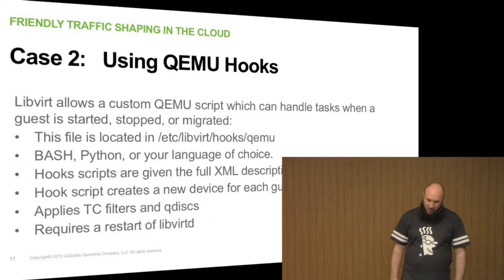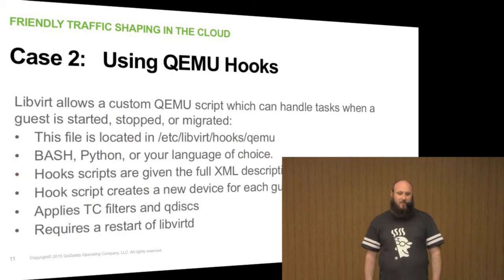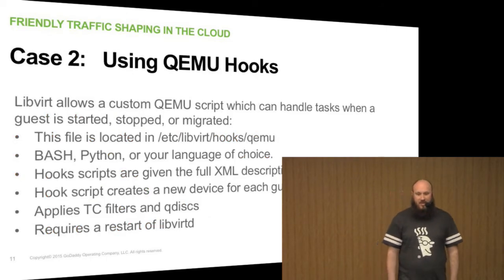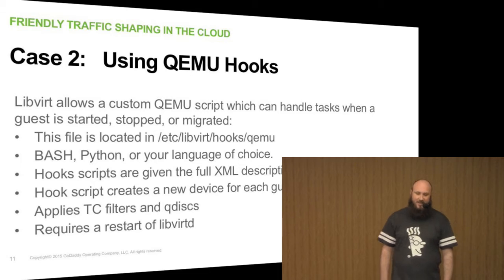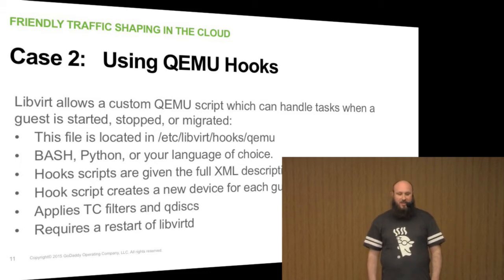So what we found is QEMU hooks can allow you to basically write scripts that will parse your XML file that libvirt has. And with that, you can write it in Bash or Python, whatever language you're familiar with most.